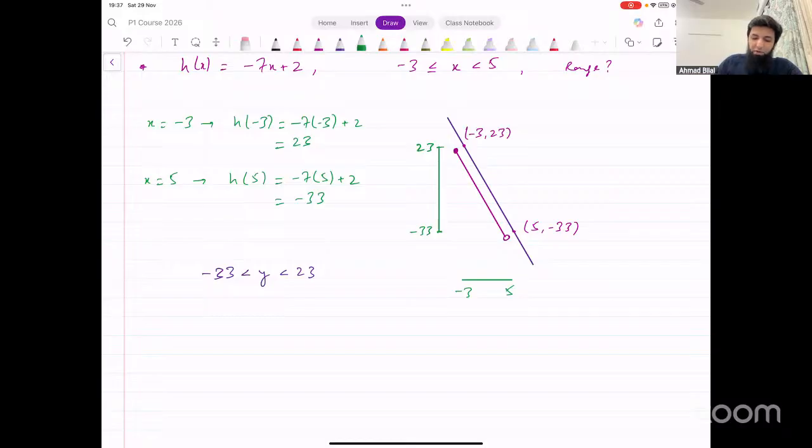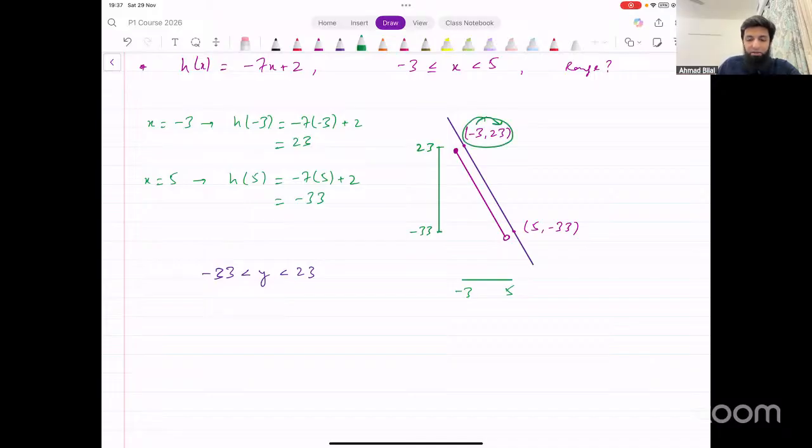Do we put the equal to sign on the left side, just like we had it in the domain? No. The domain said -3 is included, right? What is the corresponding y value to -3?